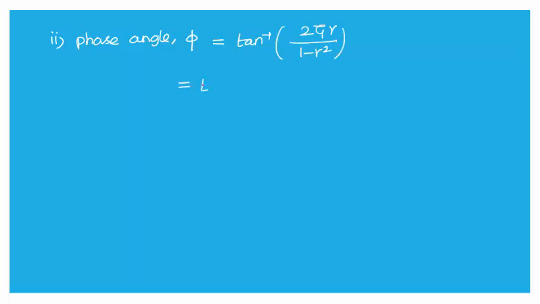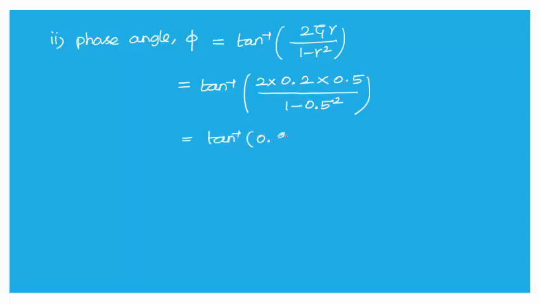Zeta value is given as 0.2, r value we have calculated as 0.5, divided by 1 minus 0.5 square, which is tan inverse of 0.2666. So the value of phase angle is 14.93 degree.